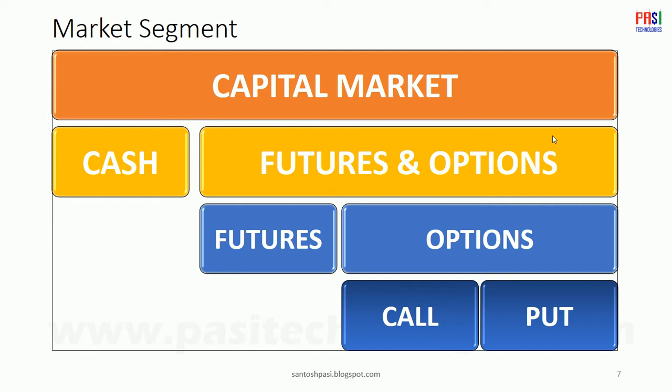In derivative markets under futures and options, we can trade commodities, currencies as well as equities. Now in options we trade using calls and puts, versus in case of futures it's just the future, and in case of cash it's just a share.